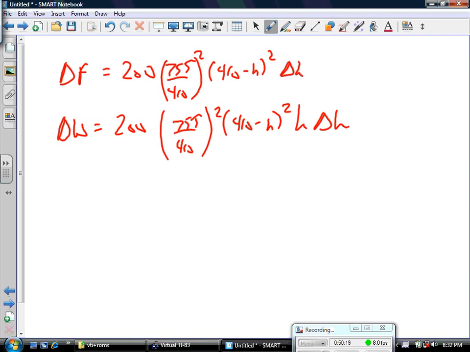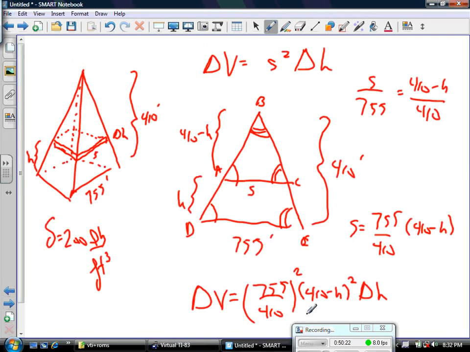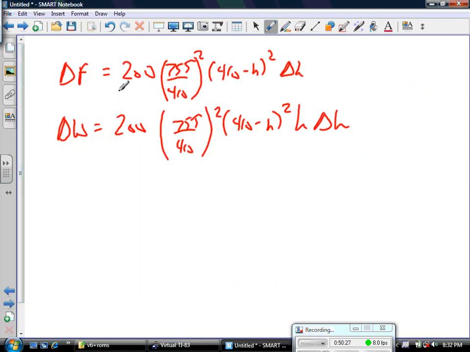Okay? So if I ask you for the total volume of brick, integrate this. If I want the total weight of the pyramid, integrate this. V was in cubic feet, F is in pounds. But if I integrate this, what am I going to get? This is in pounds, and I'm multiplying by what?